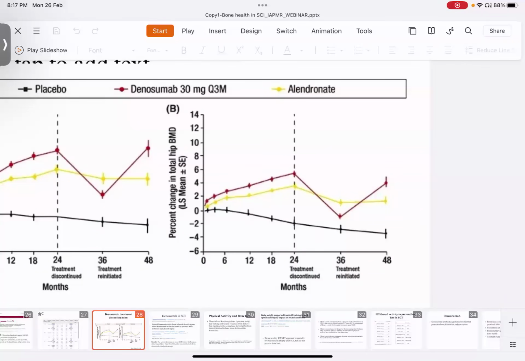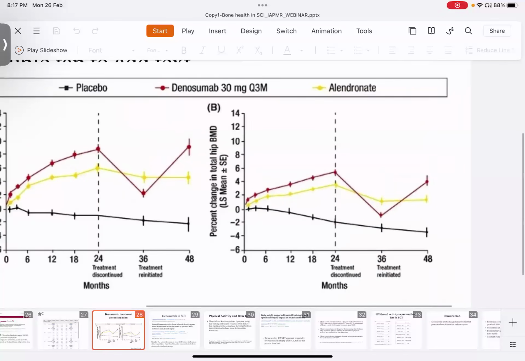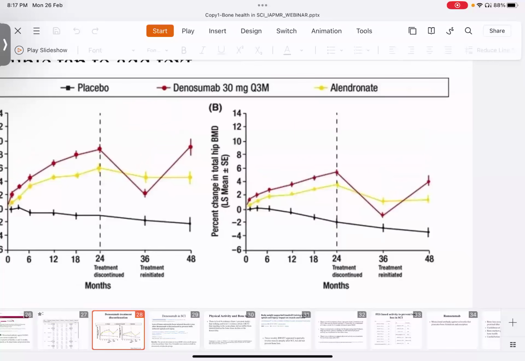But anyway, denosumab is much more potent than alendronate. The negative effect is that you are blocking RANK ligand with denosumab. Once denosumab is stopped, these receptors become hyperactive, and it causes rapid bone loss.